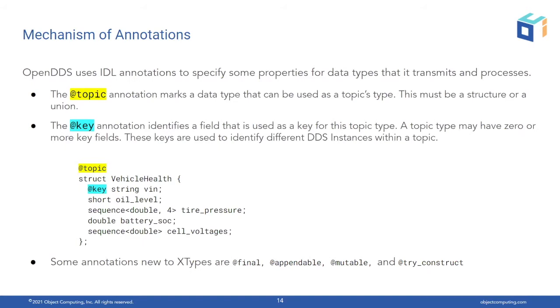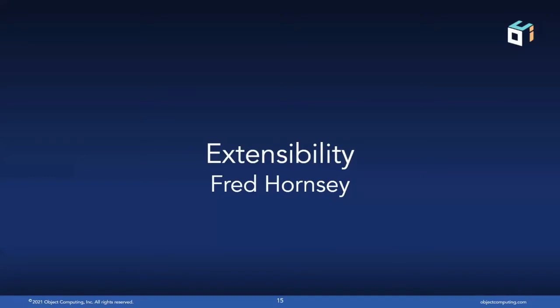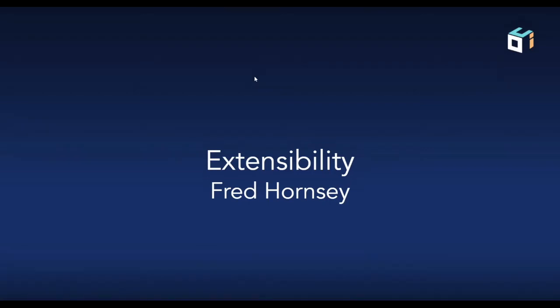With Xtypes, some new annotations are introduced: final, appendable, mutable, and try-construct. And with that, I'm handing the presentation over to Fred Hornsey, who will describe how some of these annotations are used to describe extensibility.